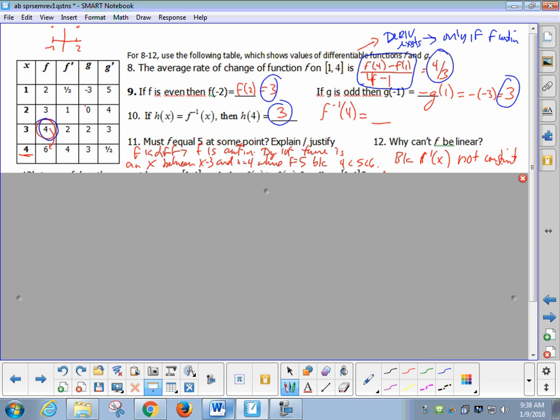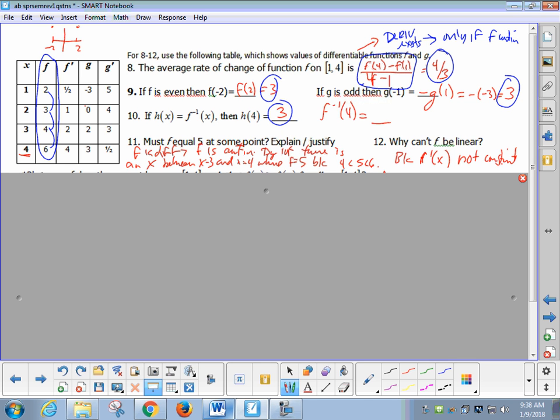I totally overthought 12. Why can't f be linear? Like a total clown, I looked at f and said, well, here the rate of change is 1, and here the rate of change is 1, but here the rate of change is 2, so that's why it can't be linear. Where's a better place to show f can't be linear? F prime, yeah.